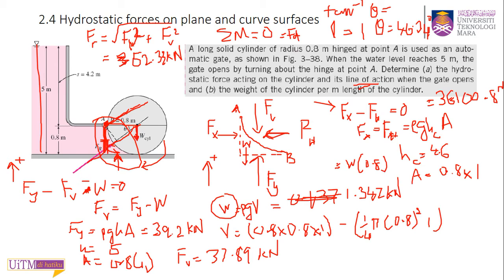Okay, what's the moment for the counterclockwise? The one that opposes it, which is this FR. What's the distance that we are interested in? We need to use trigonometry. Where is the distance we want to find?